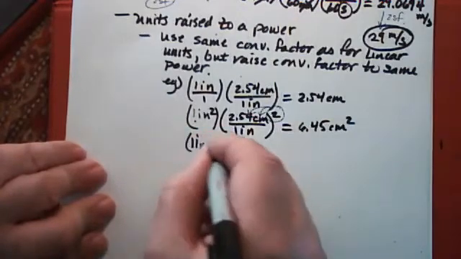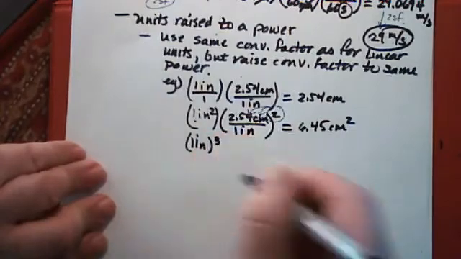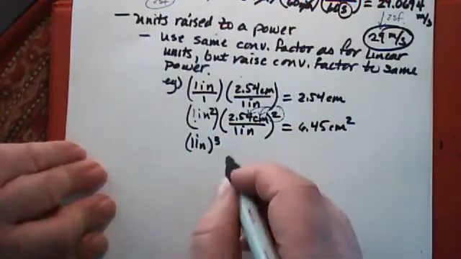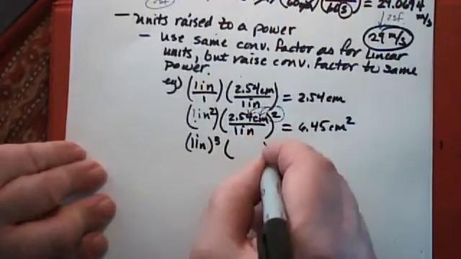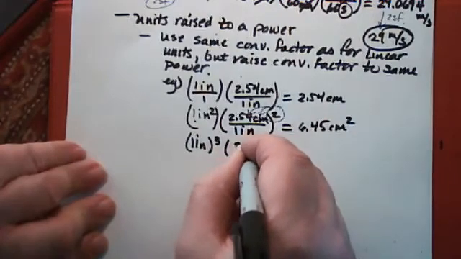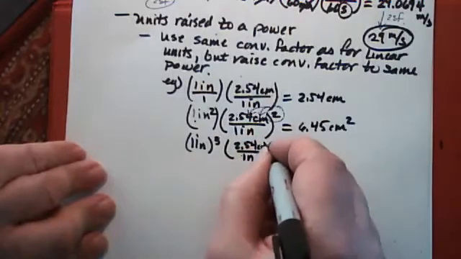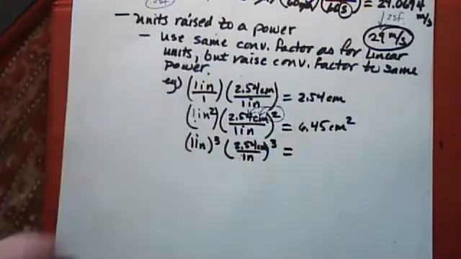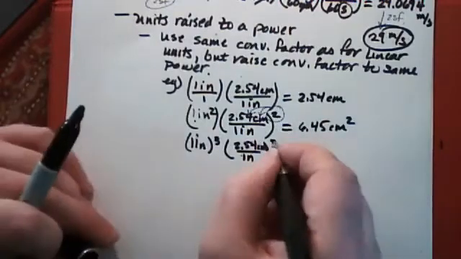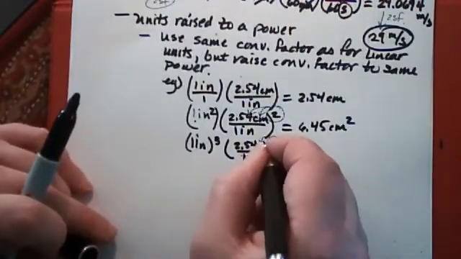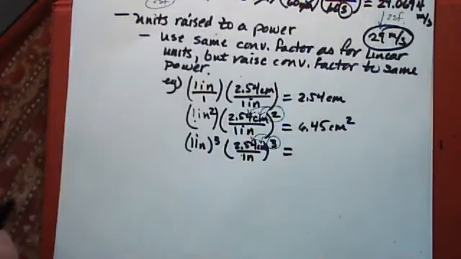Okay, so 1 inch to the 3rd power. If you want to convert cubic inches to cubic centimeters, well, it's 2.54 centimeters per inch again, but you have to cube the conversion factor. But again, don't forget that the conversion factor applies not only to the units, but to everything in the parentheses, including the number.